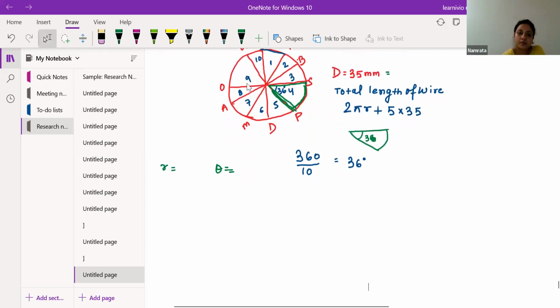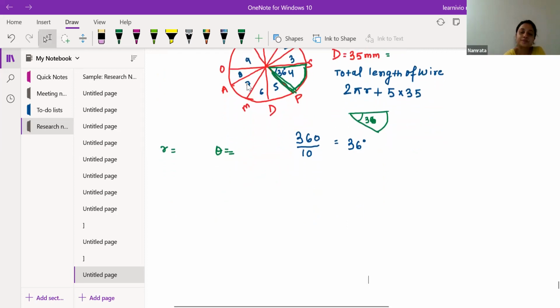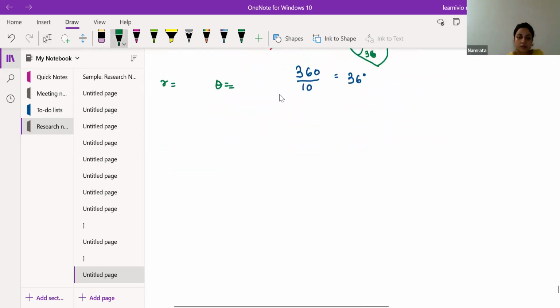Now question number 10. It says an umbrella has 8 ribs which are equally spaced. Assuming the umbrella to be a flat circle of radius 45 centimeter. So an umbrella is there, like this type of umbrella.